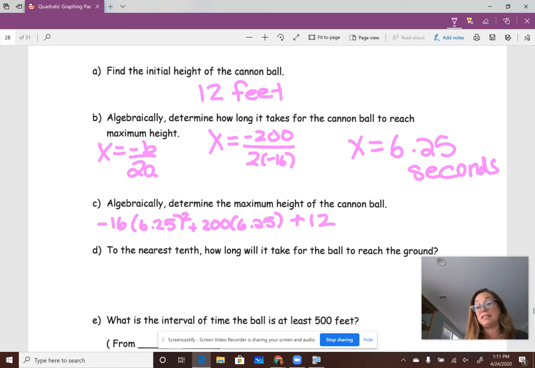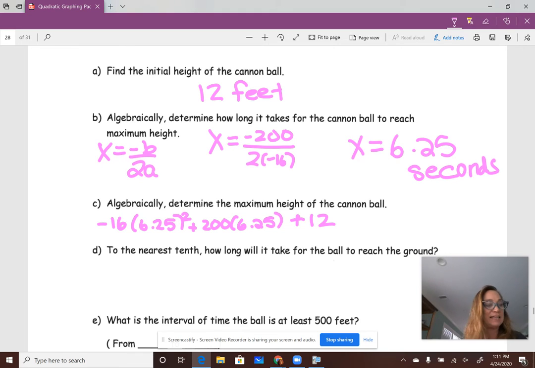And that's algebra, guys. When you substitute things into an equation, that's using algebra. So when it says algebraically, it's basically saying, don't guess, don't do a graph.